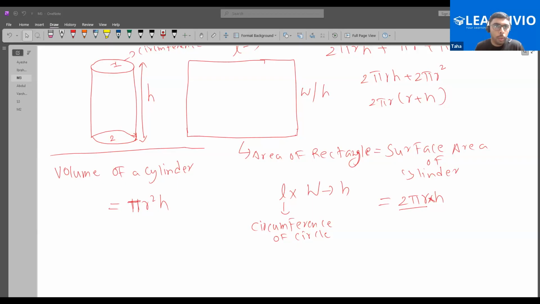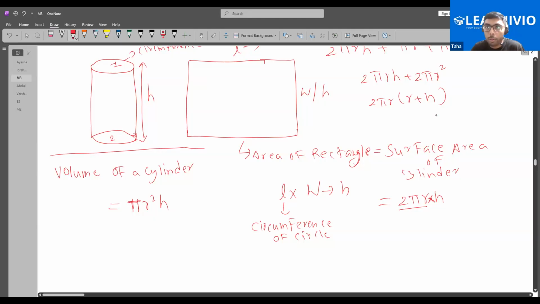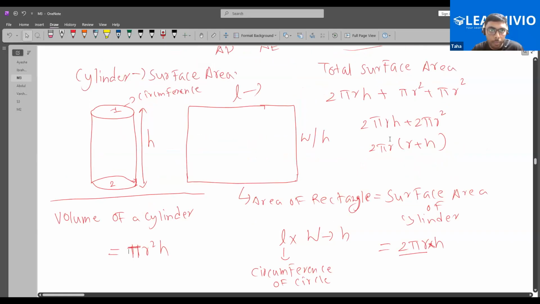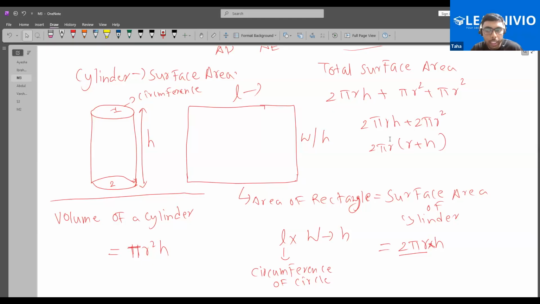So basically what we are doing here is that we are taking the circular regions, two circular regions, since volume is going to occupy volume, basically any amount of gas, liquid, or solid that is going to occupy the space inside it. The funny part about this chapter is to distinguish the silver lining between surface area and volume: when we are calculating the volume, we won't add two circles separately.